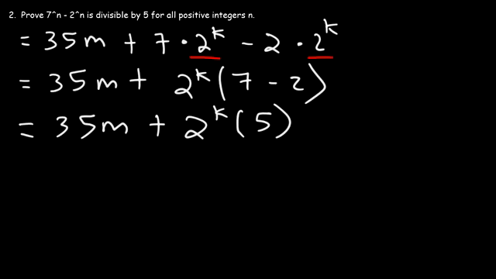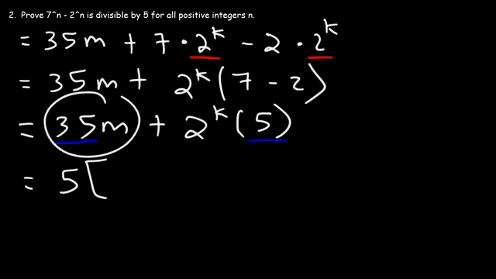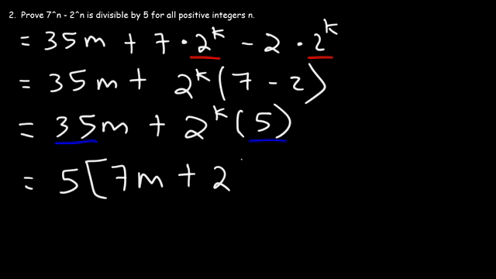So what do you think we should do at this point? Now remember, we want the original expression to equal 5L. So we need to factor out a 5 from those two numbers. If we take out 5, 35m divided by 5 is 7m. And this expression divided by 5, the 5s will cancel and we'll just get 2 raised to the k.